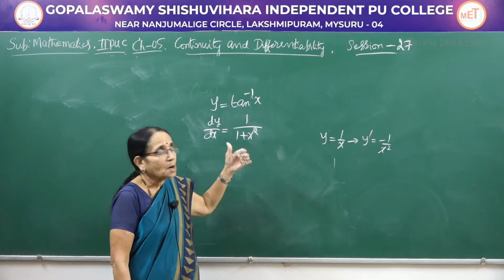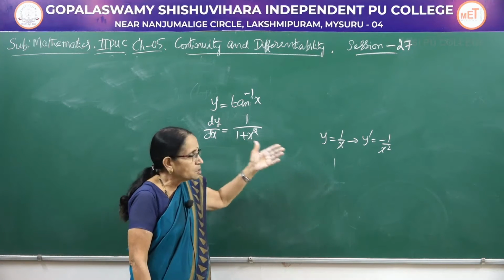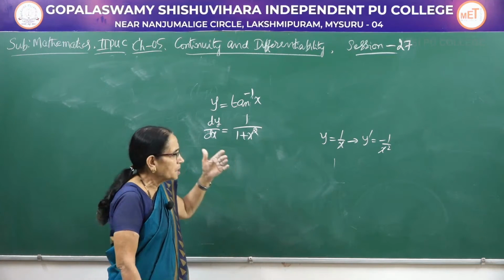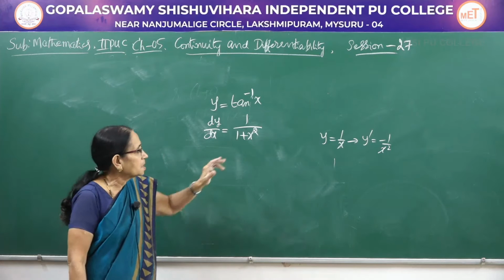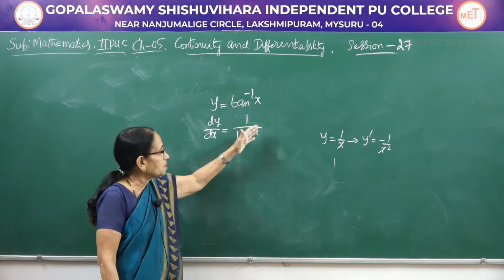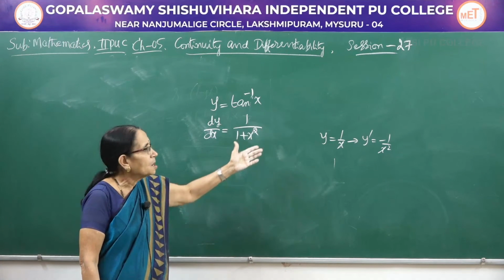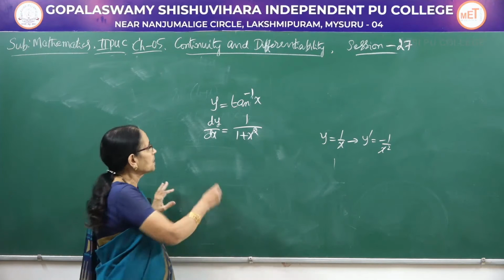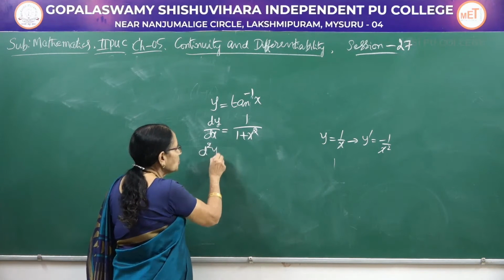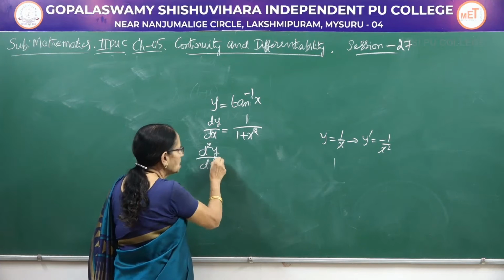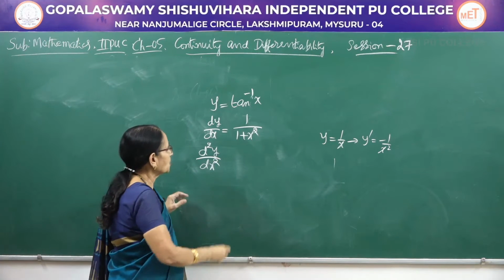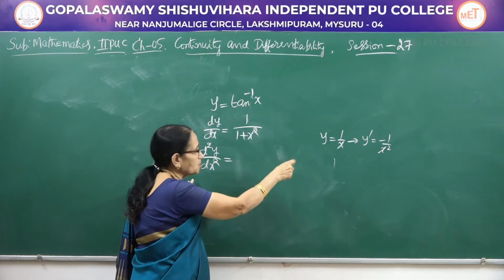Suppose you apply the quotient rule here, then also you will be getting the same thing. Any one method you follow. Either treat the function as a composite function and apply the chain rule, or apply the quotient rule. I am showing both methods, you need not do both of them. d square y by dx square, I am applying that rule.